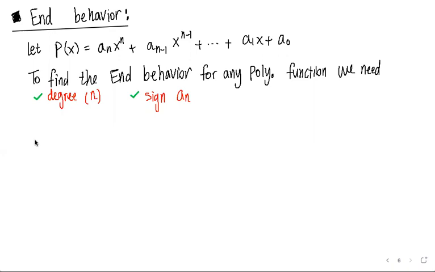So first of all, suppose my b of x has odd degree. What are the odd numbers?